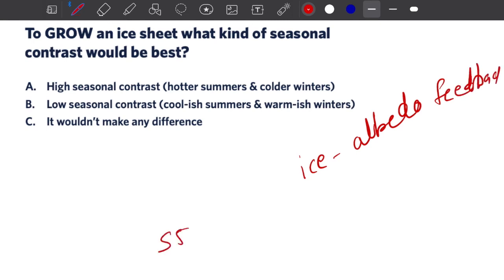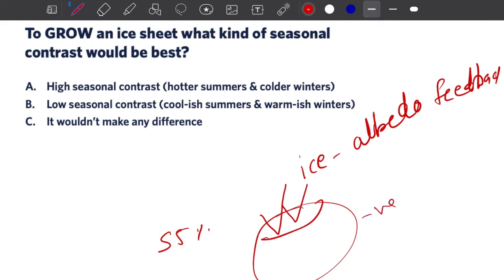Let's see how. Suppose 55% of ice is there in summer in the Arctic region. Now this 55% of ice will start reflecting sunlight to the atmosphere, since ice has high albedo. High albedo means it is now reflecting more than absorbing. So if radiation is going out of the earth, then there is a decrement in the temperature.